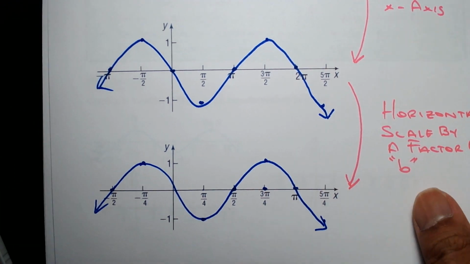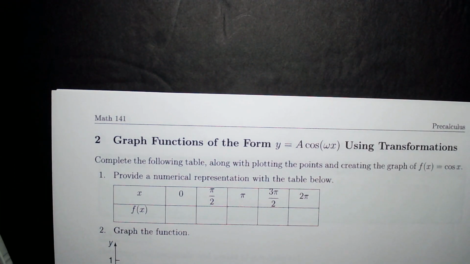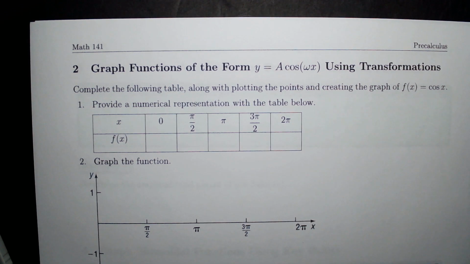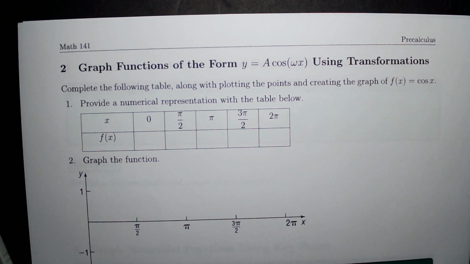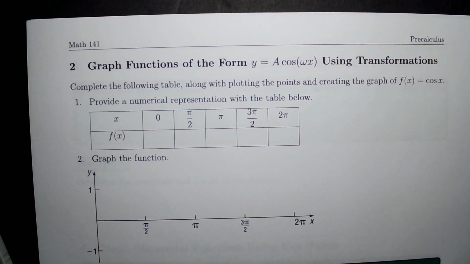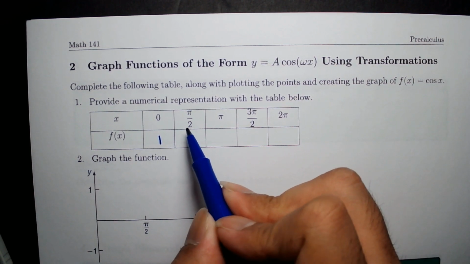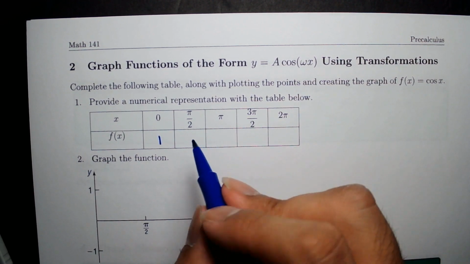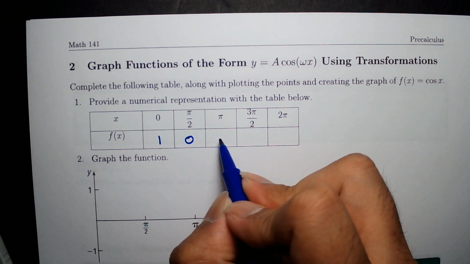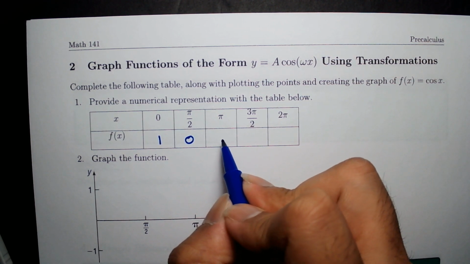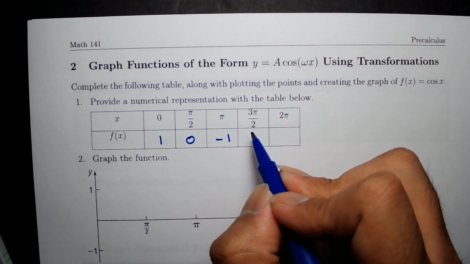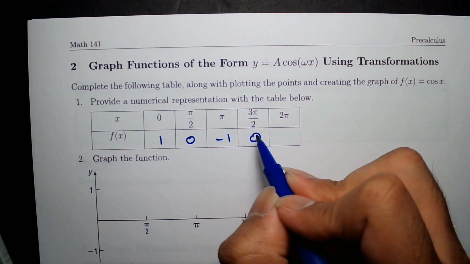All right, let's look at the graph of cosine. For the cosine function, let's fill in this table. Cosine of 0 is 1. Cosine of pi over 2 is 0. Cosine of pi is -1. Cosine of 3 pi over 2 is 0.